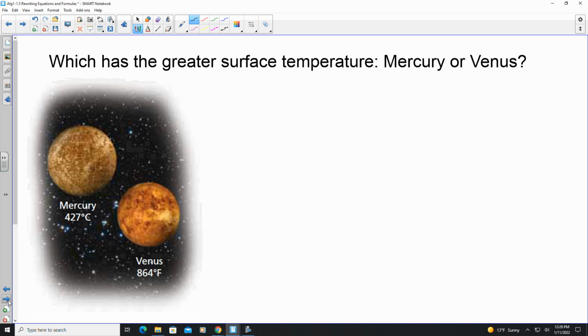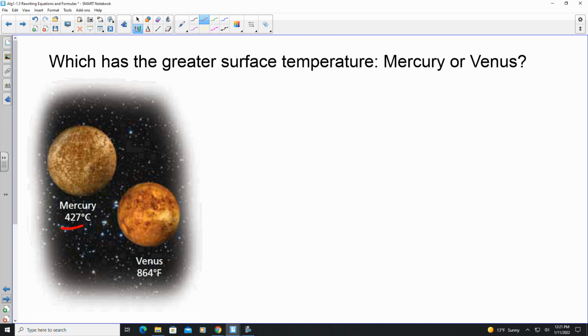Here it says, which has a greater temperature, Mercury or Venus? So they have two different temperatures. One's in Celsius, the other one is in Fahrenheit. So here's how I go about solving that.